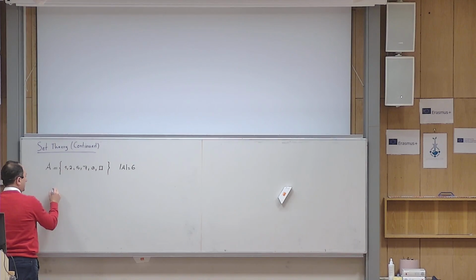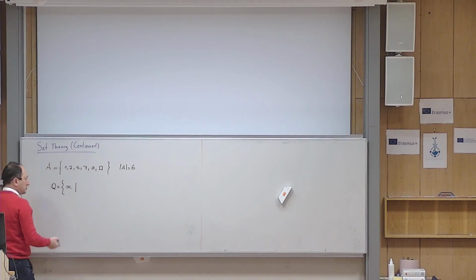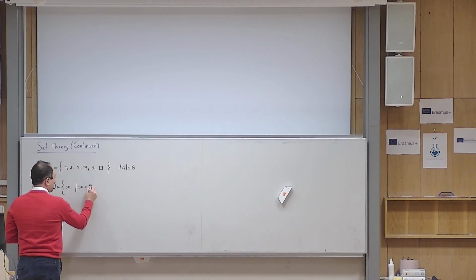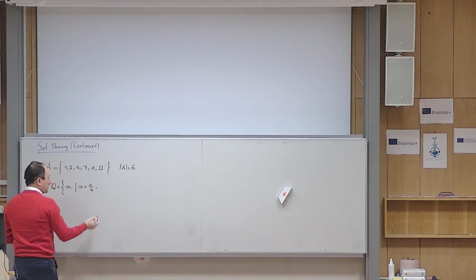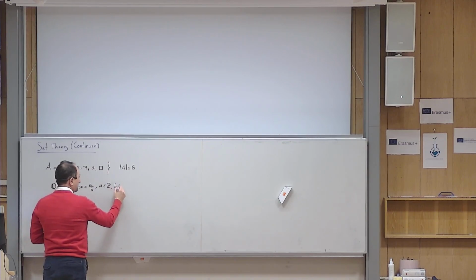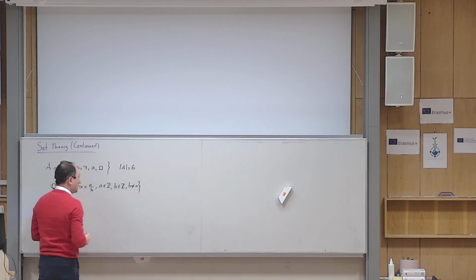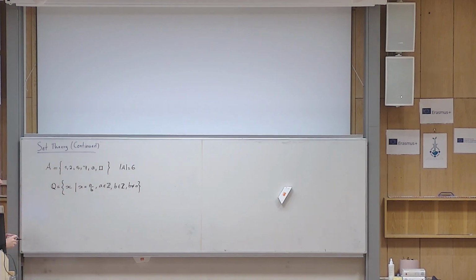For example, the famous example is the set of rational numbers, which is the set consisting of all x's such that, so these are the notations we use, x is equal to a fraction, but not any fraction, the fraction a over b whose numerator a is an integer belongs to set Z, and then b also belongs to Z, and b is not equal to 0.